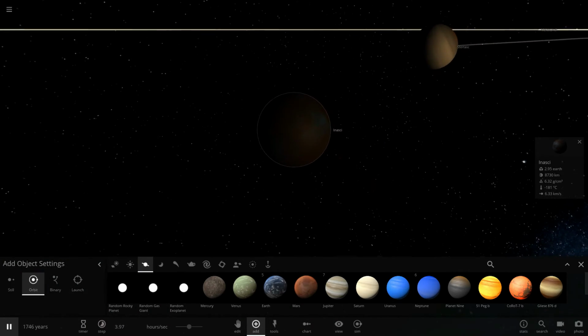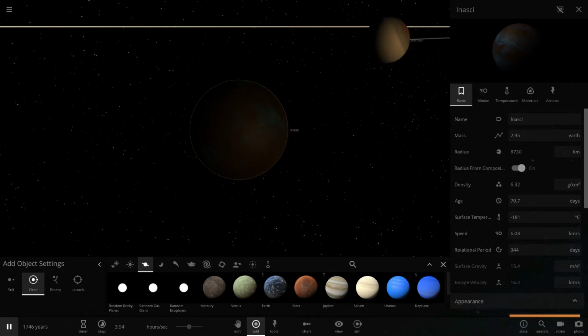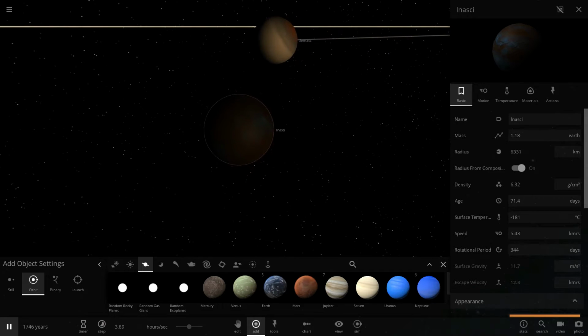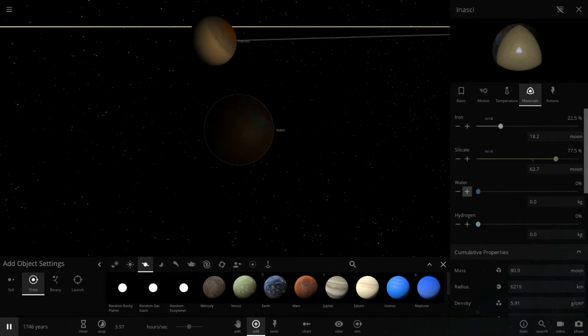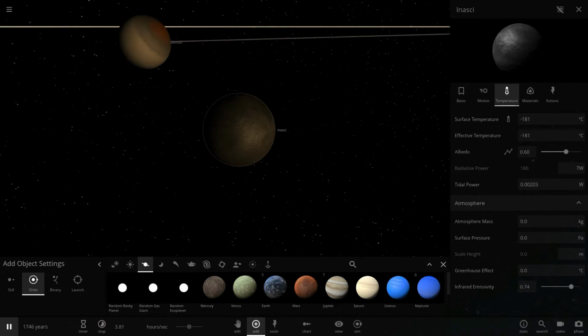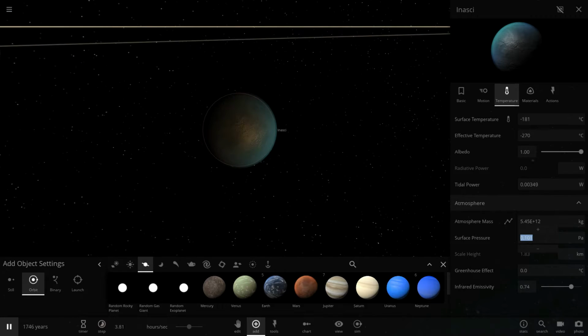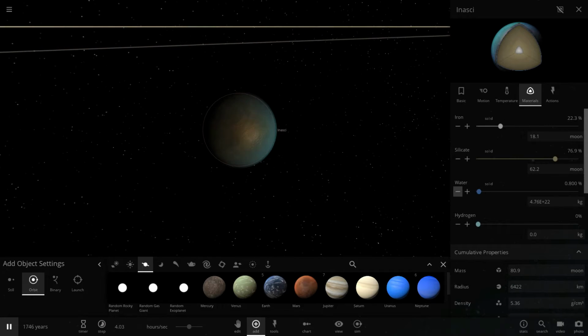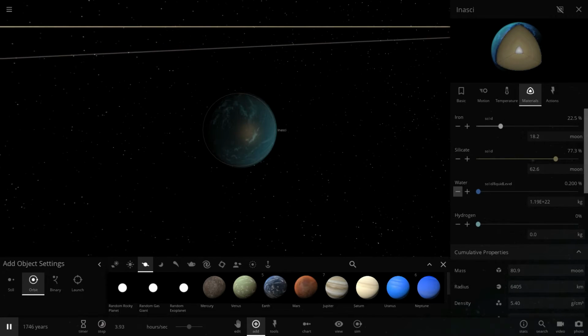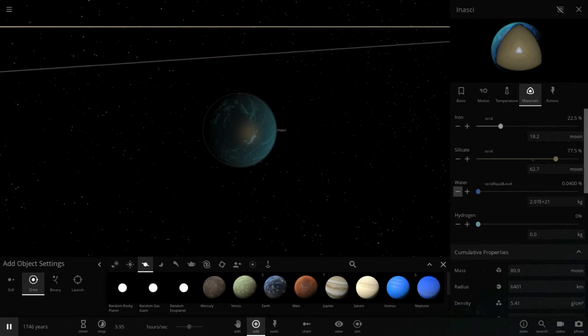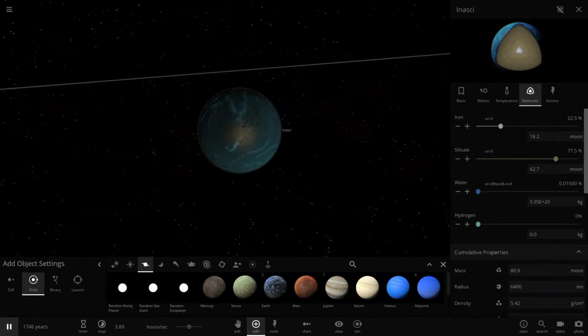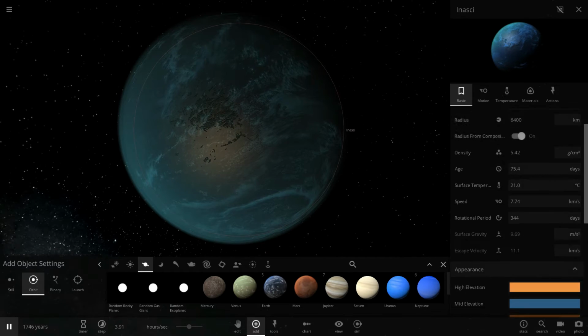And this moon was probably slightly smaller than Earth, but it had liquid water on it and a decent temperature. So something like this.